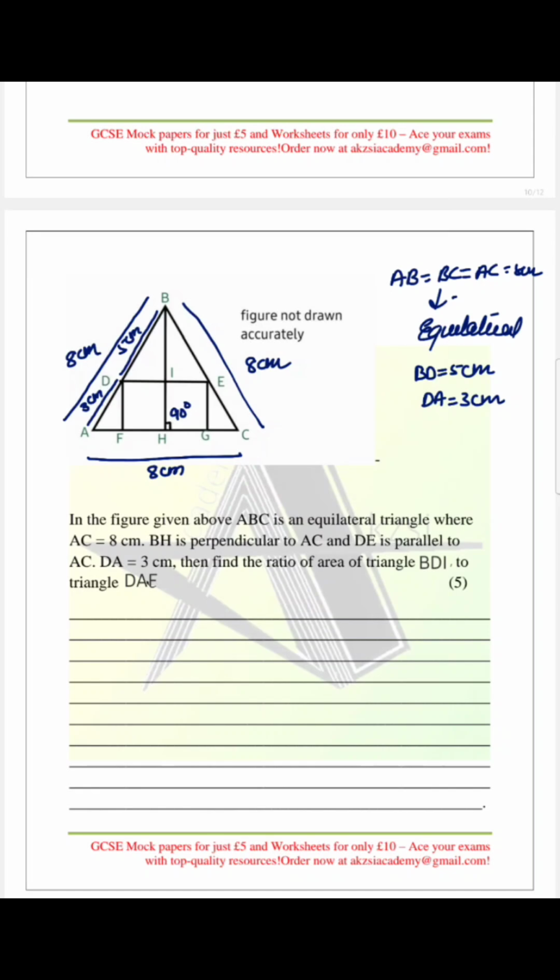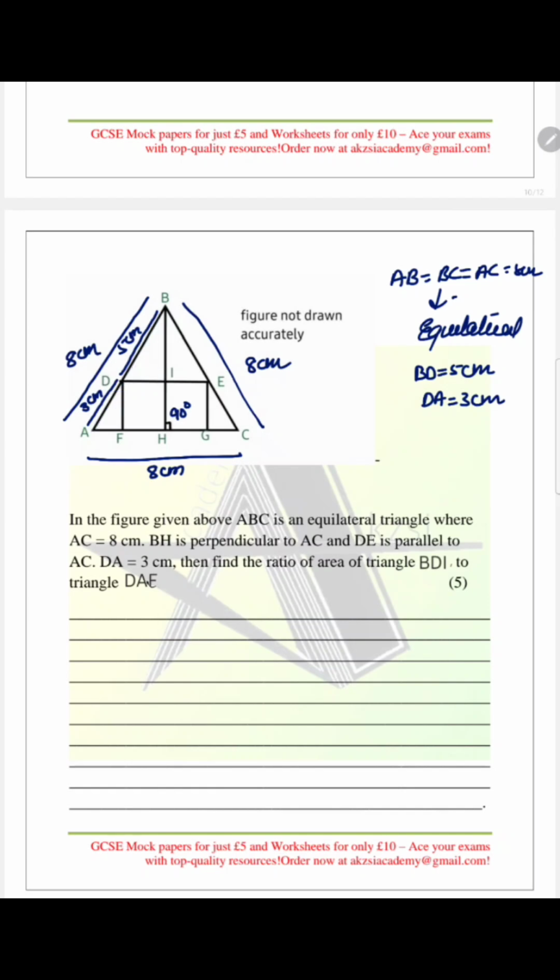Now it's mentioned that we have to find the ratio of triangle BDI to triangle DAF. So this is BDI and this is DAF.